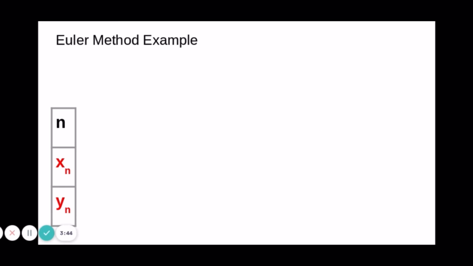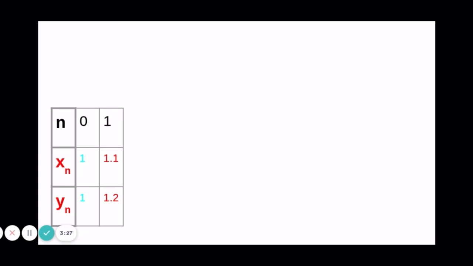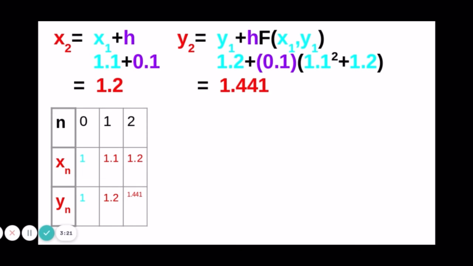So we obviously have to find more than one point to graph our particular solution curve. So it's helpful to organize all the points that you're going to find in a table. So we can start by doing x0, y0 is just 1, 1. Those were our initial conditions. x1, y1, which we just found, are 1.1, 1.2. To find x2, y2, we're using the exact same process.